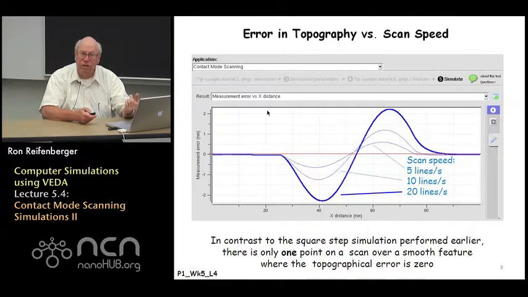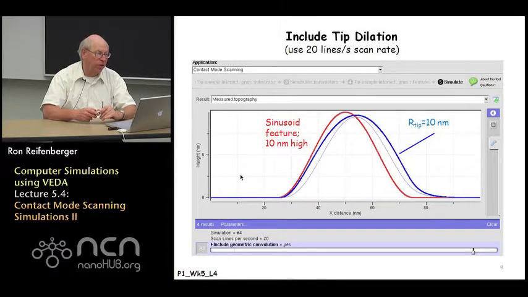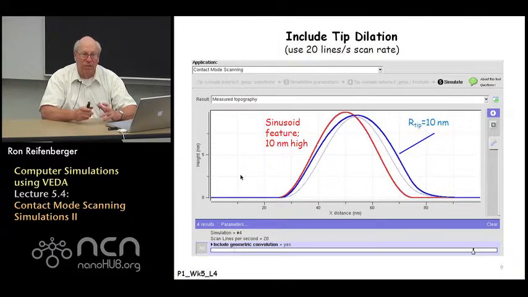After you do this simulation, these results are all for 0 tip radius. It's very simple to include the tip dilation, and I do that in this particular example, where I believe the tip radius is 10 nanometers. So you have to go back and enable the tip dilation software.